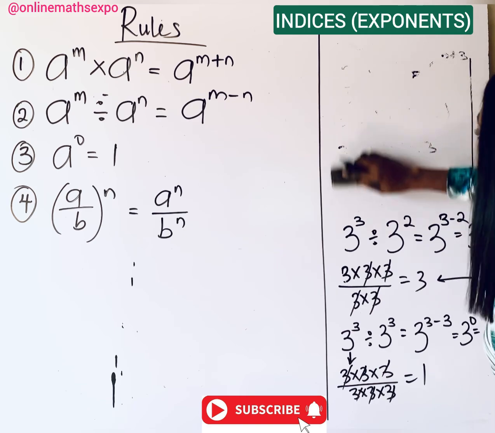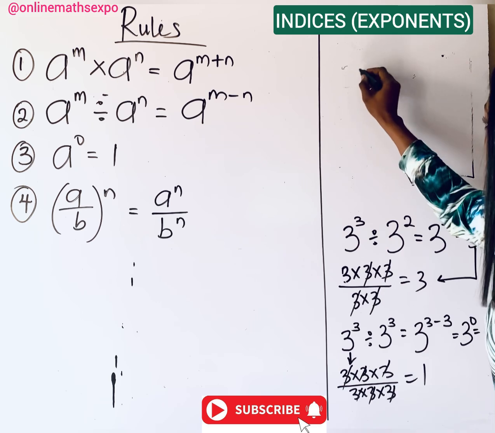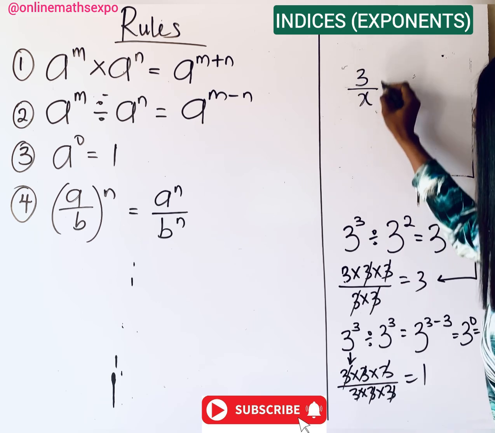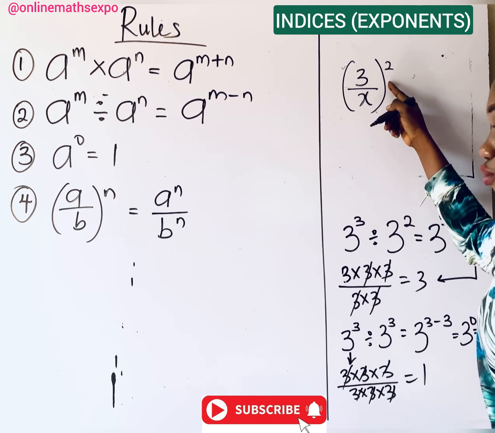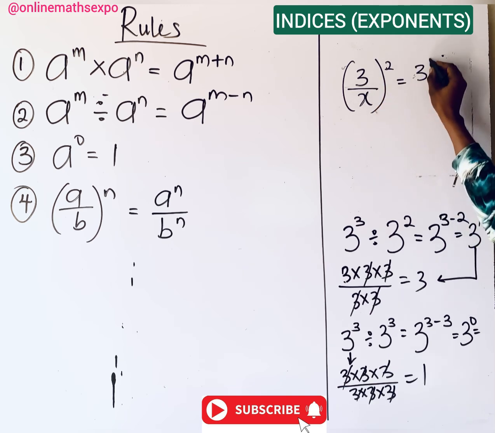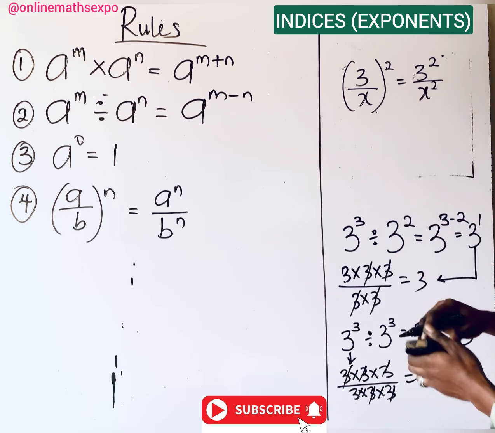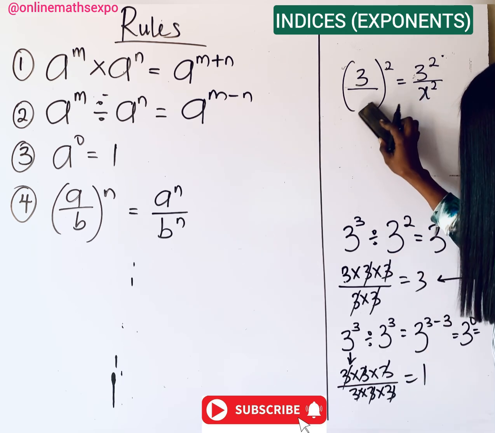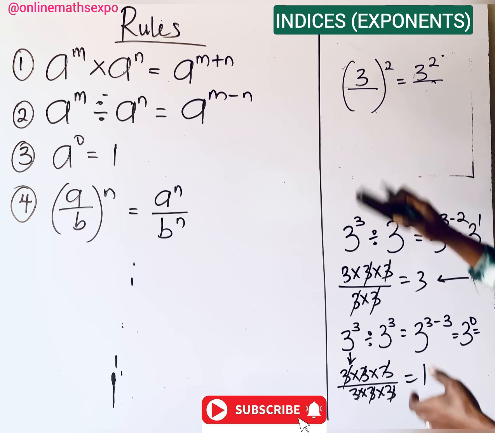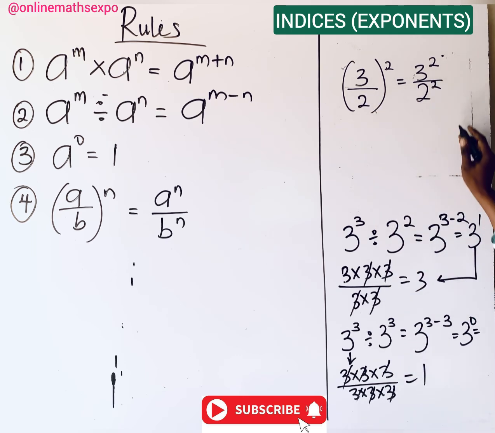Supposing you have 3 over x raised to the power of 2. What does it mean? This means that this 3 will be raised to the power of 2 and this x will be raised to the power of 2. Now supposing you change this x to a value, let's say we put a value like 2 there. So 2 will also be raised to the power of 2.